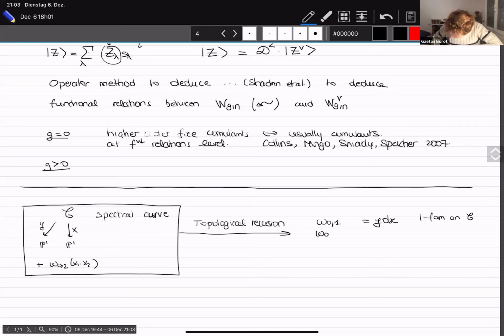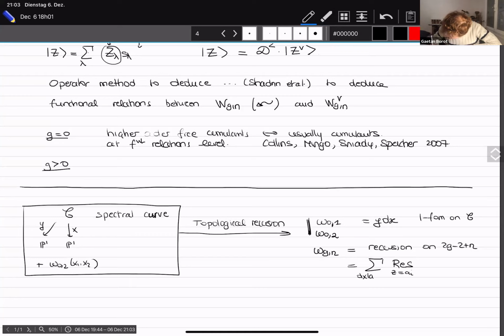And omega 0,2 is part of the initial data. It depends on two points in the spectral curve. And then there's a formula that computes omega g,n by recursion on 2g minus 2 plus n from these initial cases. There's a residue formula, by computing residues. So it's of this shape.